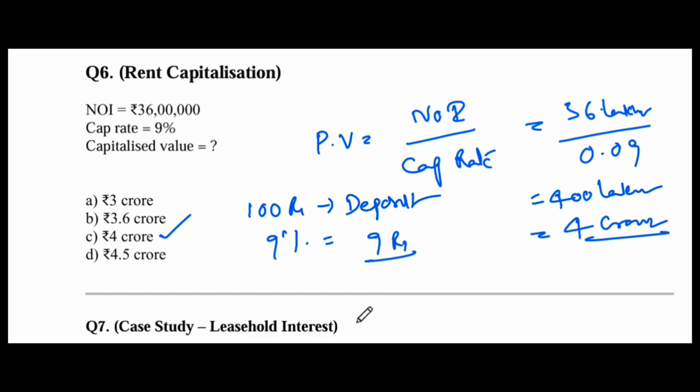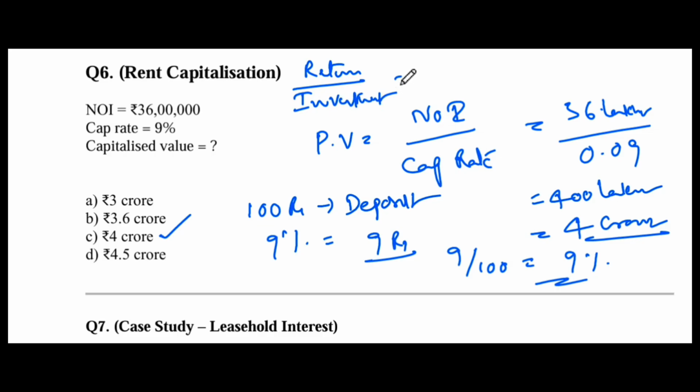So what is the capitalization rate? 9 by 100. That is the return percentage on the investment you put for that property. So this is the 9%. This is the return on investment.